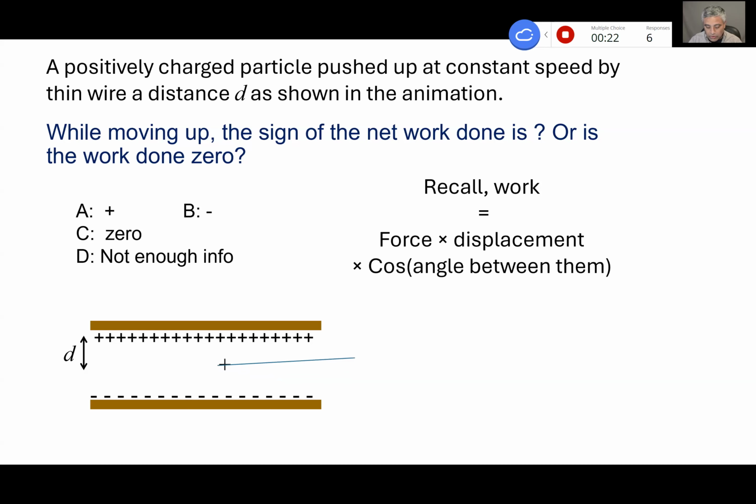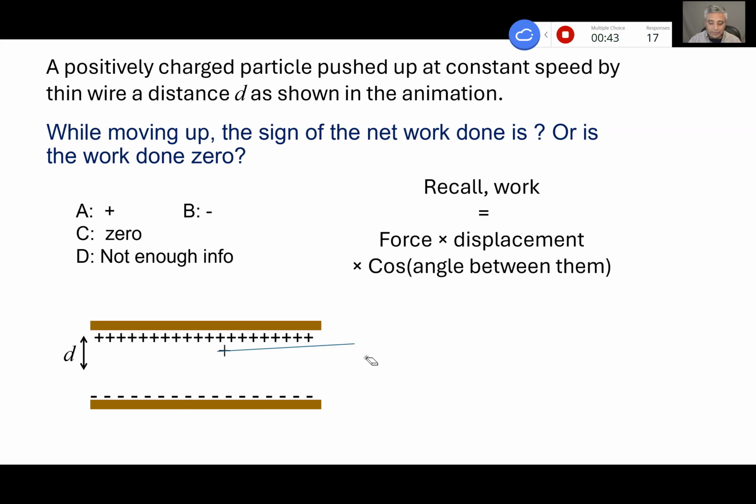So this charge is slowly being moved up, let's say, by pushing with an external force. Here I am just saying this line or little wire is pushing it up. Why? Because it's moving towards the positive, right? We are making it move towards the positive sign, otherwise it wouldn't move.